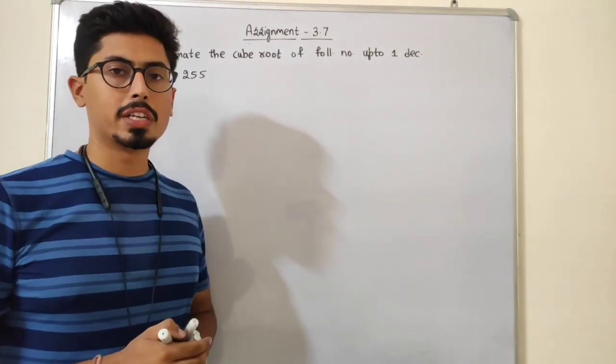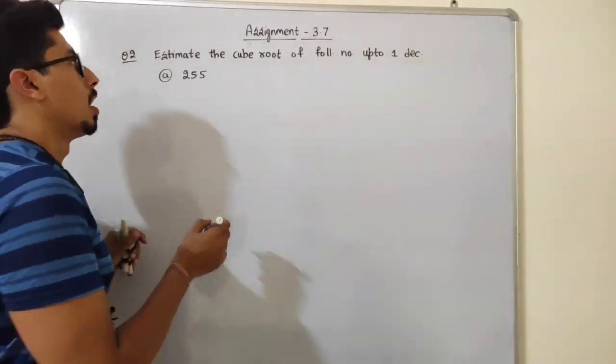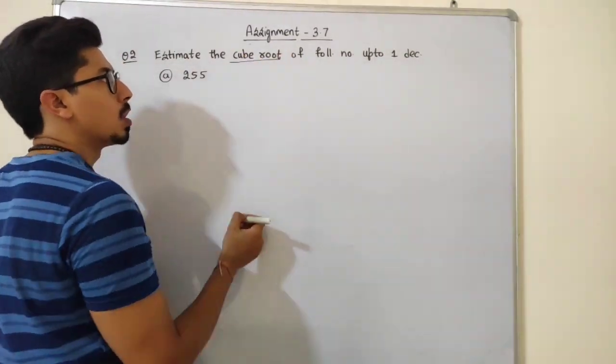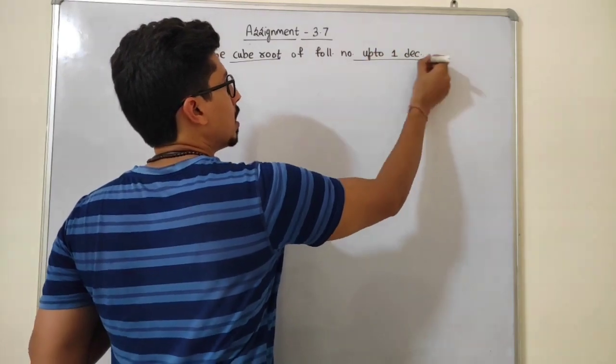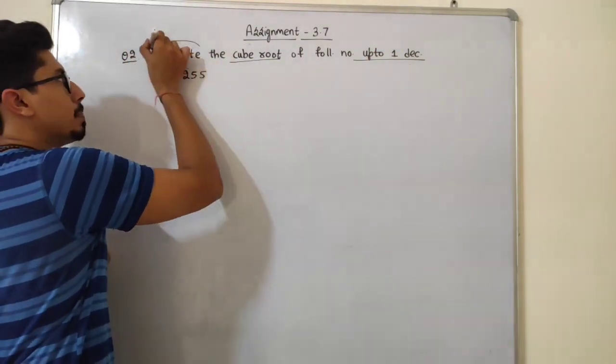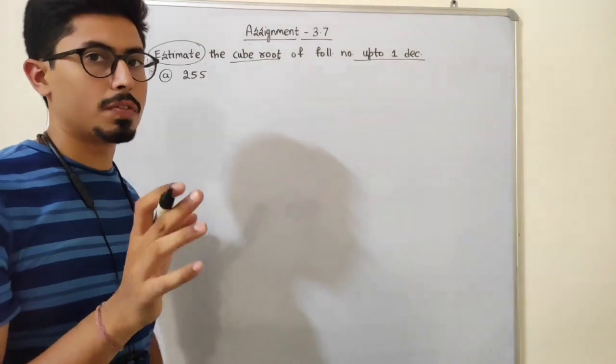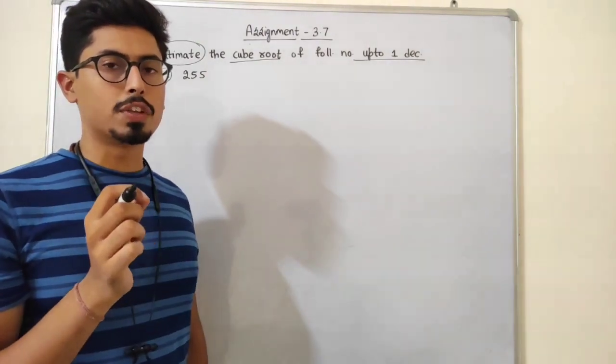Okay, students, now I'm going to discuss the question number 2, students. Estimate the cube root of following up to 1 decimal. I have to just estimate the value. That means we don't have to find the exact value of the cube root.